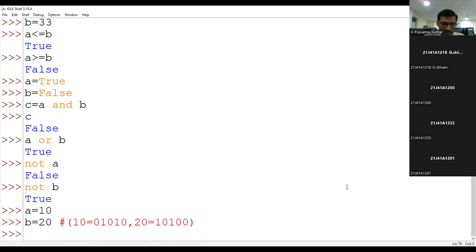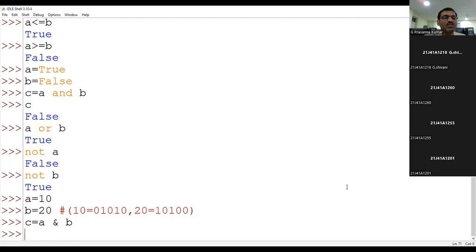Okay. If you operate C equal to A ampersand B, then the result of this, if you perform these two operations: first bit, MSB bit is 0.